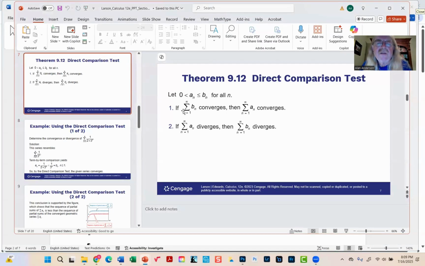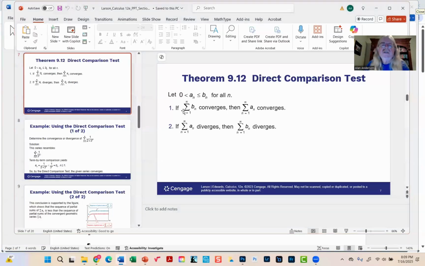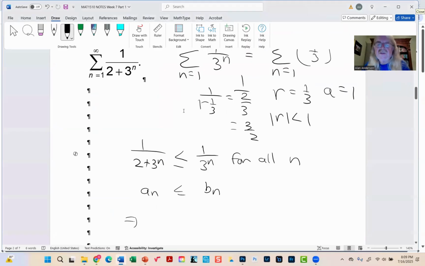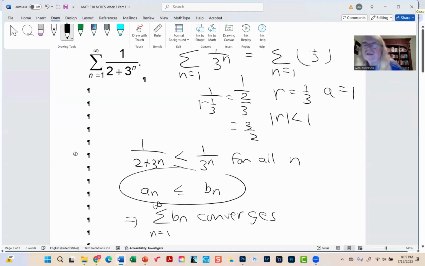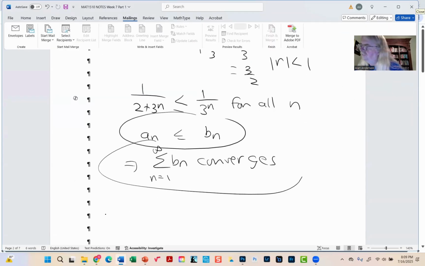And so therefore, according to this, since we know that bn converges, knowing these two things tells me that an also converges.